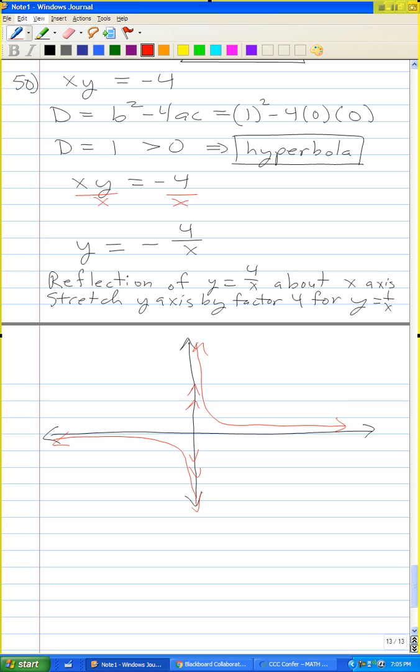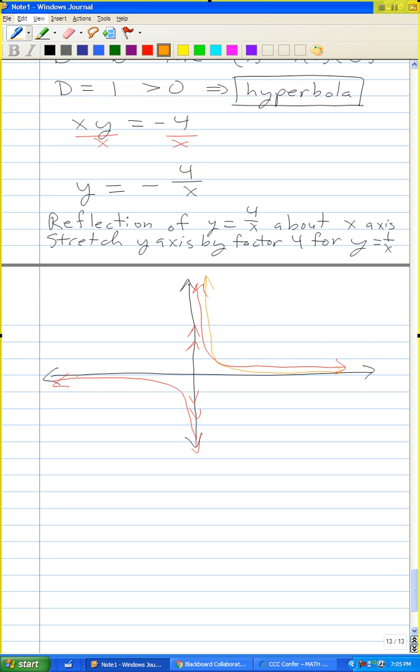It's going to be even steeper than what it is currently. Even more so. Okay, so something like that.